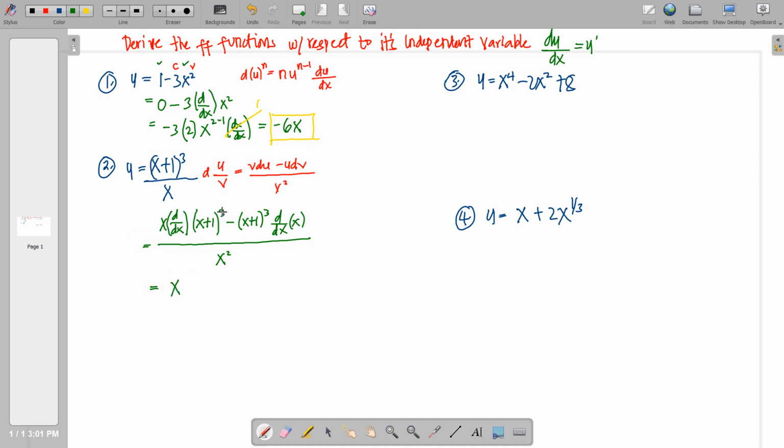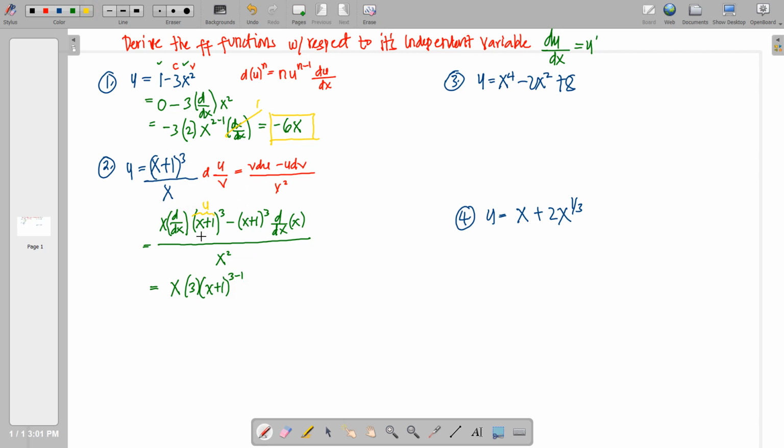So further, this d over dx of x plus 1, we bring down 3. Okay, copy x plus 1, subtract 1 from 3. By the way, I'll just have to highlight here that this is actually u.